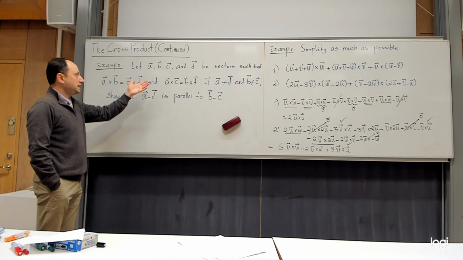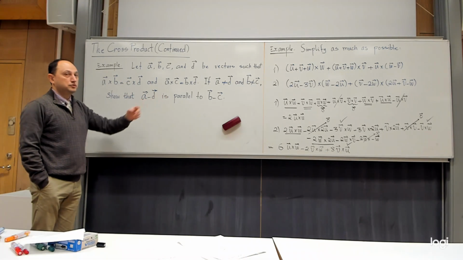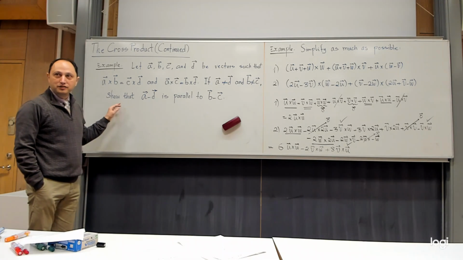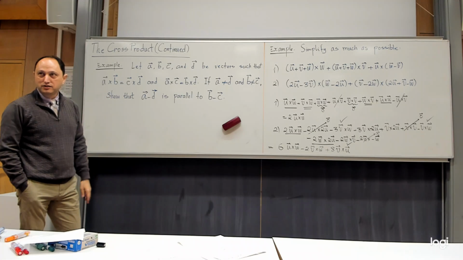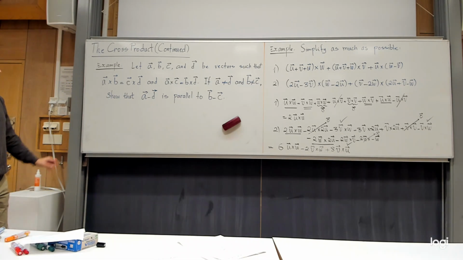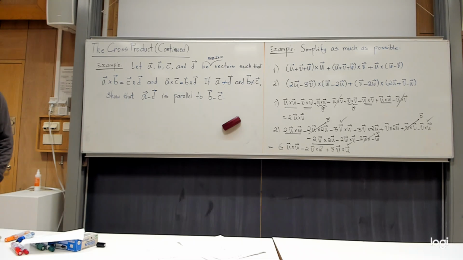We want to show that A minus D as a vector is parallel to B minus C. So you see that the geometry involved is very complicated if you want to imagine it, but using algebra makes it very simple to solve. Okay, could you solve the problem? Yes or no? So how should I do that?